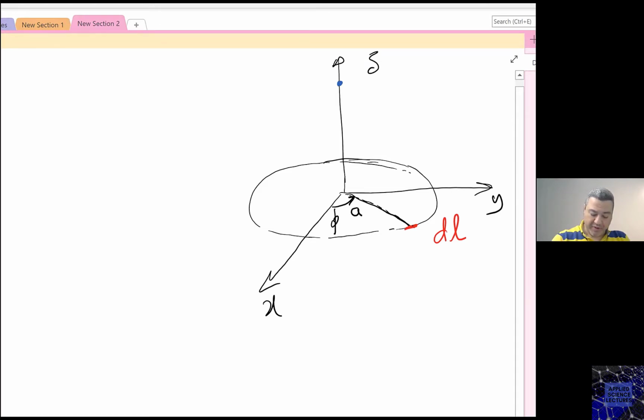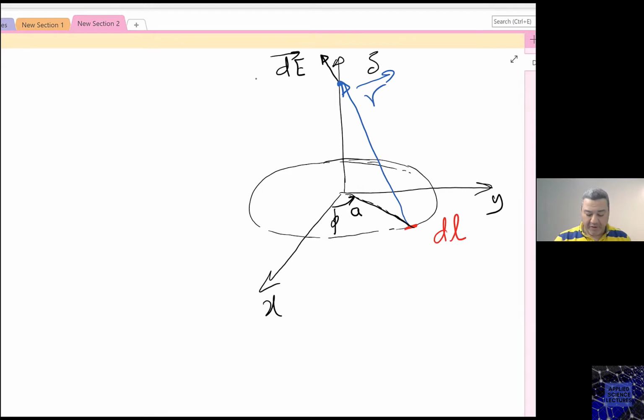Let me draw the vector r from this point, and then this would be dE.